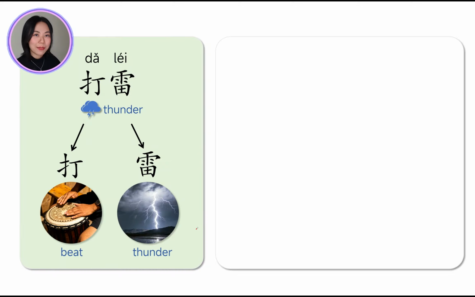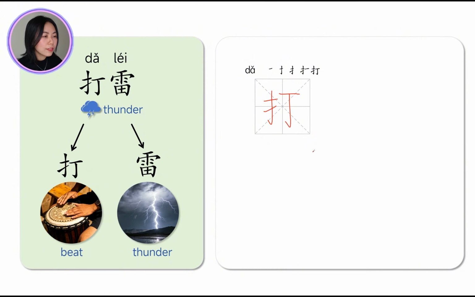Let's try to write them in the 田字格. 打 is a left-right structure. 1, 2, 3, 4, 5. 很好. 雷 is a top-bottom structure.